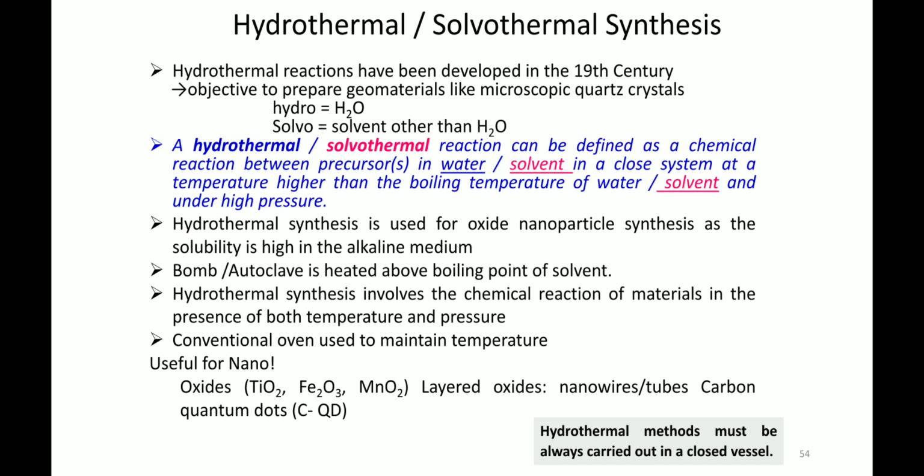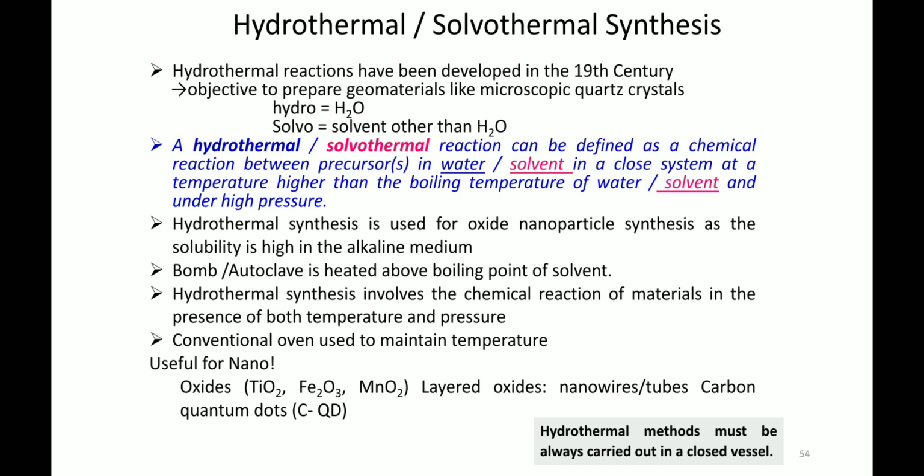You dissolve these precursors in a solvent, which can be water or other than water, in a closed system at a temperature higher than the boiling temperature of water or of the solvent, and under high pressure.